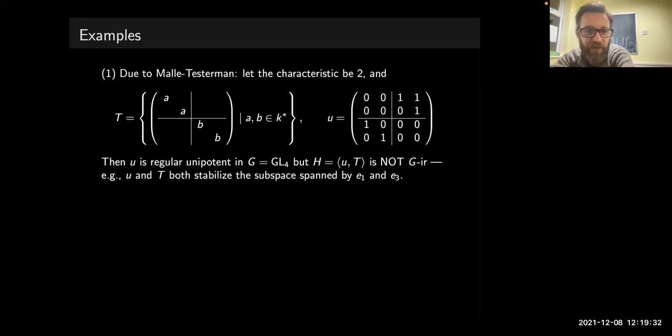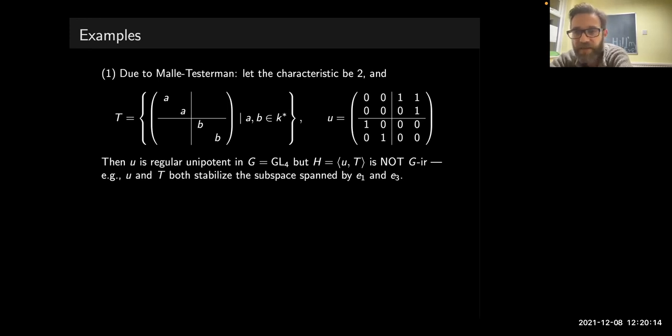It's got a sort of block shape, so it's scaling the basis vectors E1 and E2 and E3 and E4 separately. And then the unipotent element U is kind of swapping those spaces and acting unipotently. Okay, and you can check that this U is regular unipotent inside GL4, and also that it normalizes this torus.